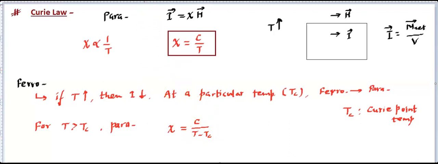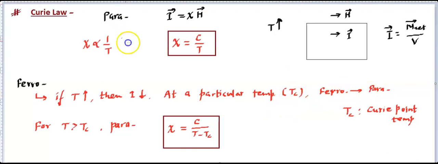So this formula has to be applied for the cases when a ferromagnetic material has got converted into paramagnetic material and temperature is more than the Curie point temperature. Then the susceptibility goes like C upon T minus Tc. This Tc is a critical point or Curie point where this turns from ferro nature to para nature.